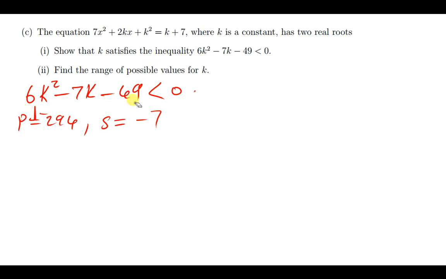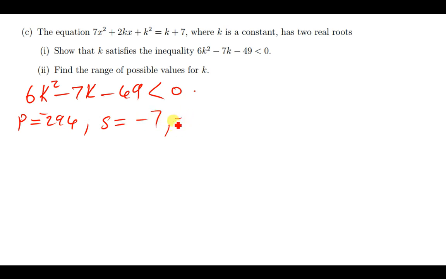Let me write this properly. So negative 294. There are two numbers that multiply to give us negative 294, and when we add them, they give us negative 7.